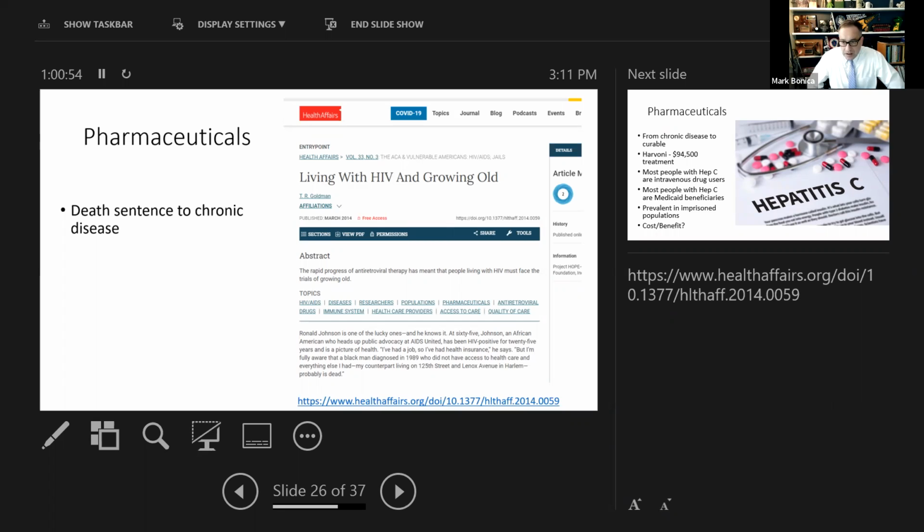And then within a few years, they developed treatments, cocktails, meaning mixes of drugs that slowed the attack of HIV on the body.